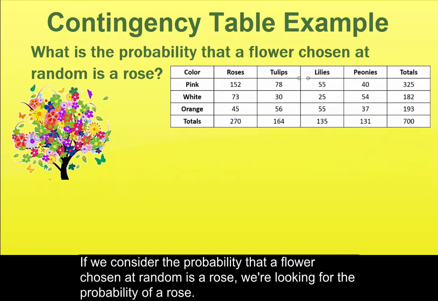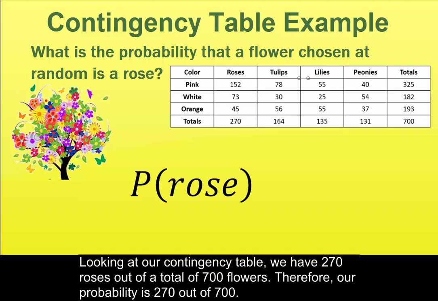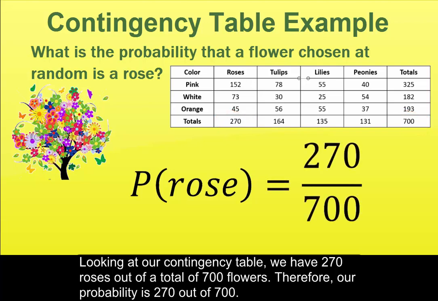So if we consider the probability that a flower chosen at random is a rose, we're looking for the probability of a rose. Looking at our contingency table, we have 270 roses out of a total of 700 flowers. Therefore, our probability is 270 out of 700.